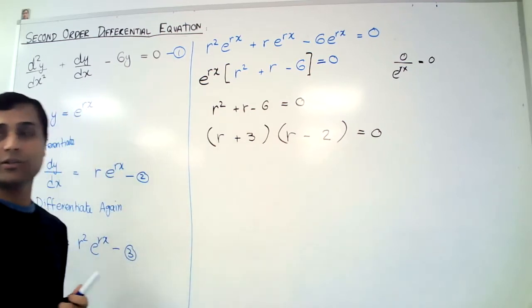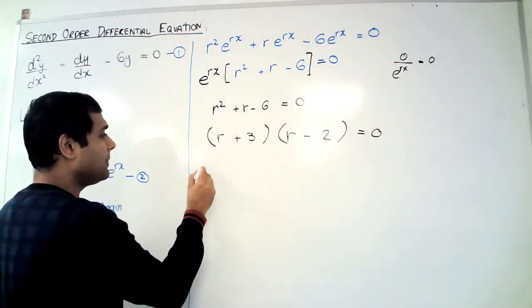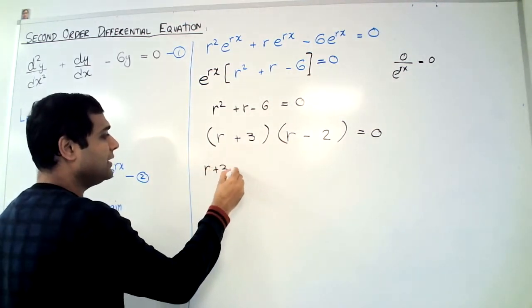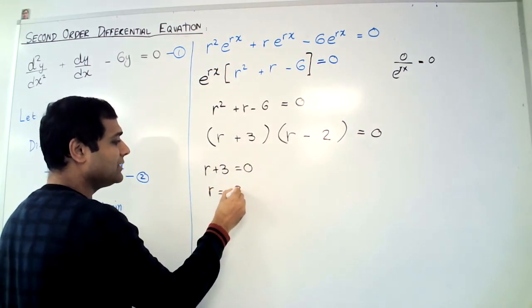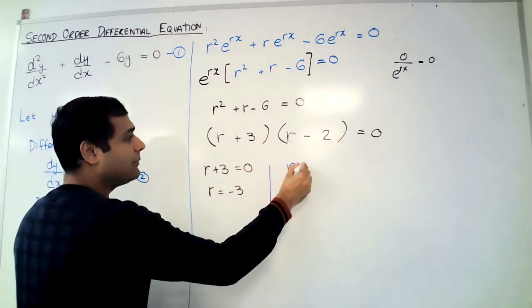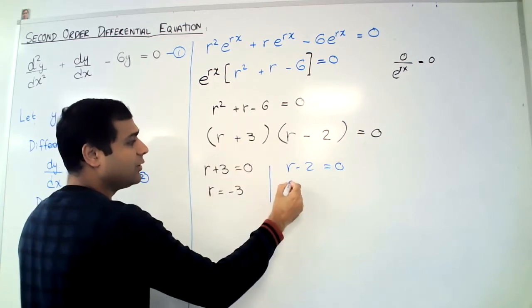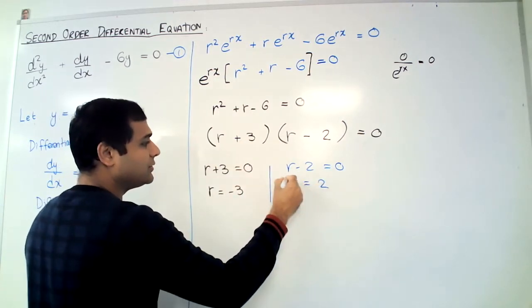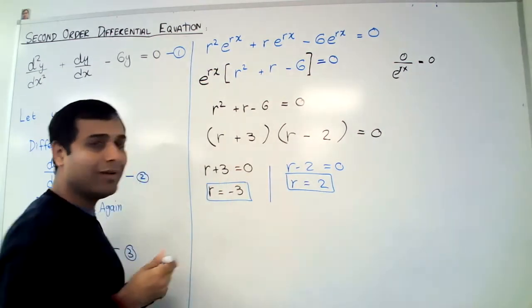You can do that straight in your calculator as well. So what does that mean? I put r plus 3 equals 0, which gives r equals minus 3, or I put r minus 2 equals 0, which gives r equals 2. So I have two values of r.